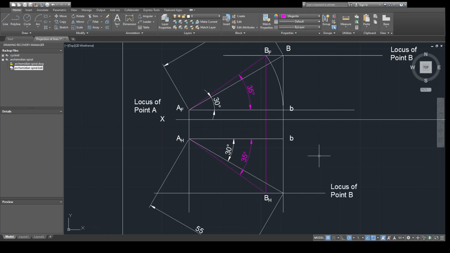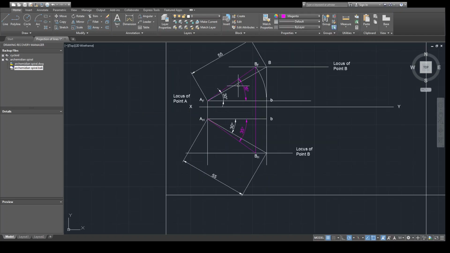By looking at the figure, you can easily conclude that the apparent inclinations, that is the front view and top view inclinations, are greater than the true inclination, because the true inclination is 30 degrees and the apparent inclination is 35 degrees. True length is always higher than the apparent length.